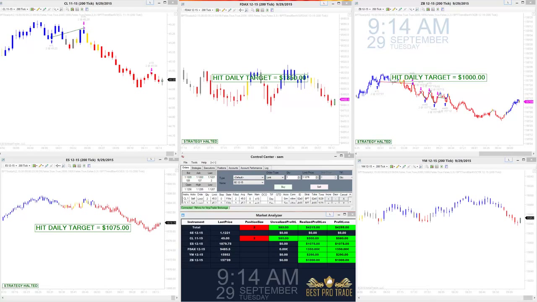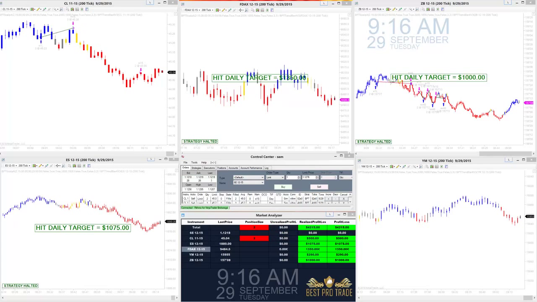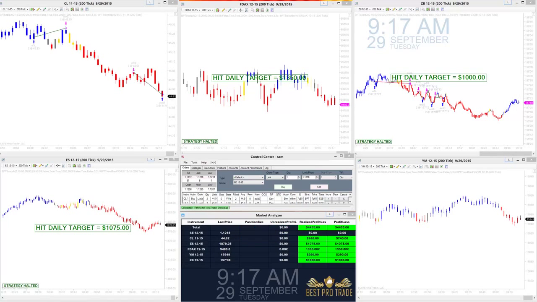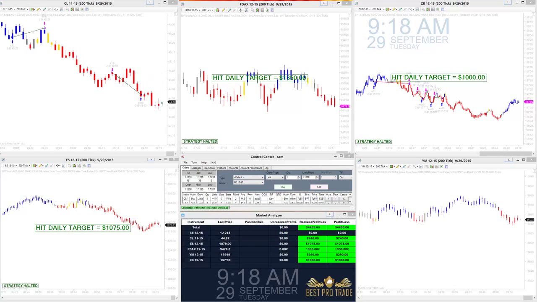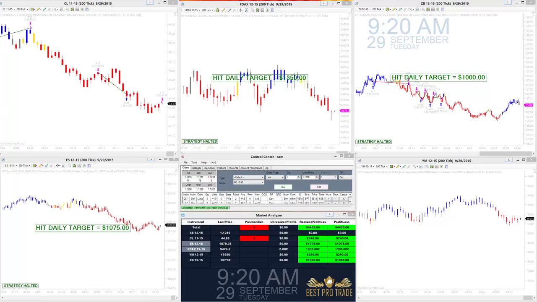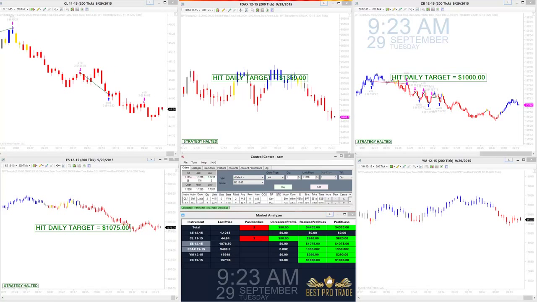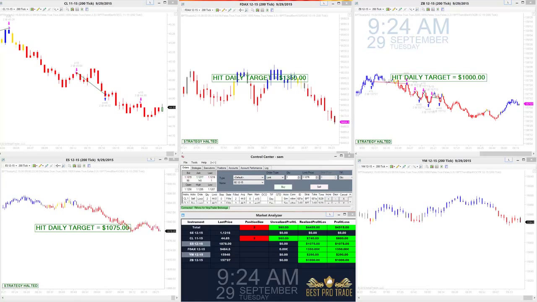Usually the YM follows the ES. There is no issue there. But sometimes the entry points are different from the ES, and sometimes you see the 30-year Treasury bond today is not going to make it, or the CL is not going to make it, or the ES is not going to make it, or the YM is not going to make it.